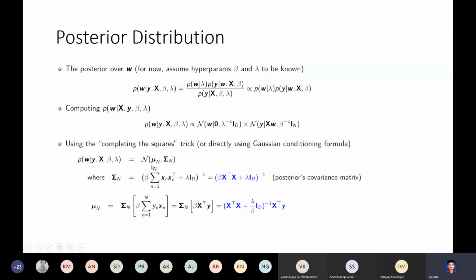Look at the expression for sigma n: it is beta times x transpose x, which is kind of the variance of x, plus lambda, and an inverse of the whole thing. If x was not a vector, you could have thought of it as beta times x squared plus lambda.